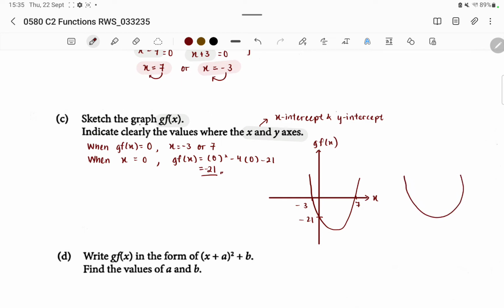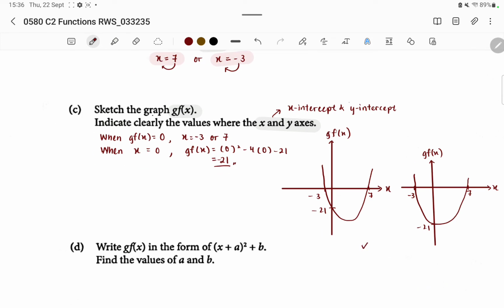Now let me try again. Actually these two are the same, just that this one is more similar to the exact ratio.